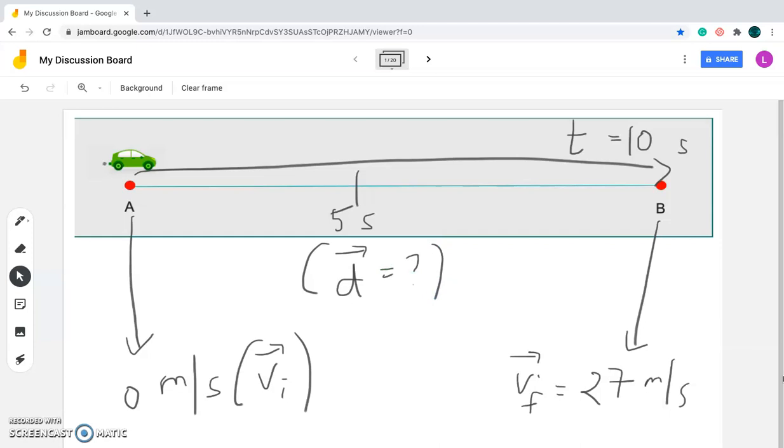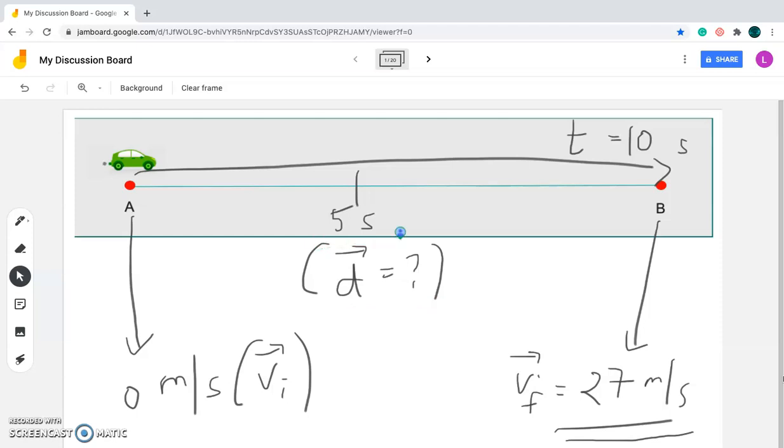Are you supposed to use 27 meters per second as the final velocity for you to solve for displacement after 5 seconds? I'll repeat the question. Are you supposed to use the final velocity here, which is 27 meters per second, for you to solve for the displacement after 5 seconds?